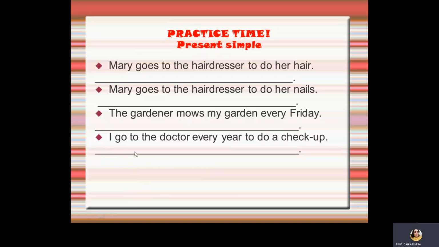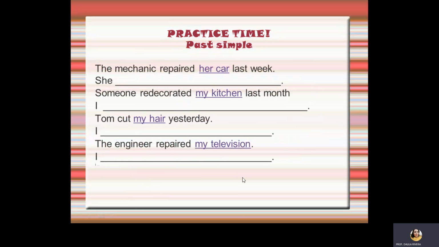I have a checkup. What's the verb? Done. I have a checkup done every year. Okay? I have a checkup done every year. You can include by the doctor, or you can omit it. Okay?